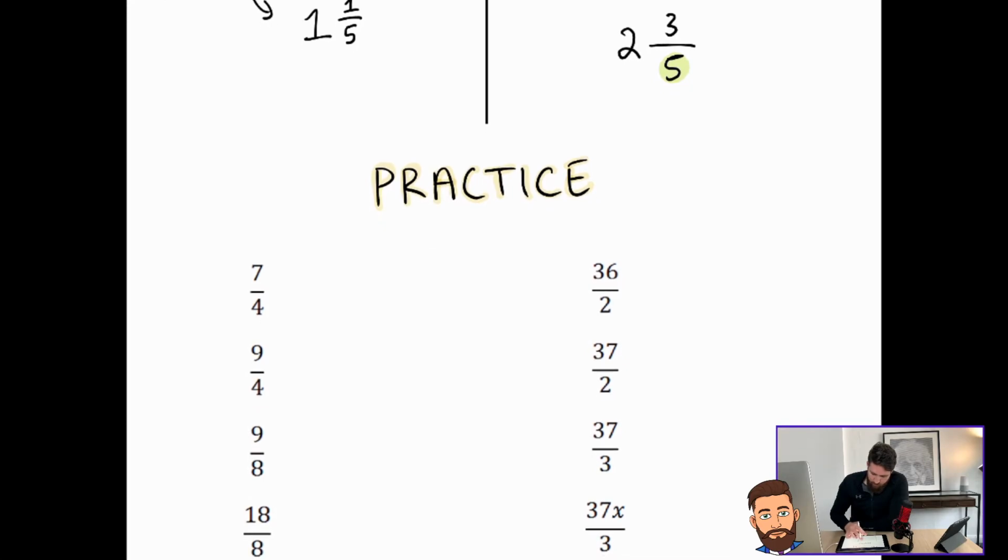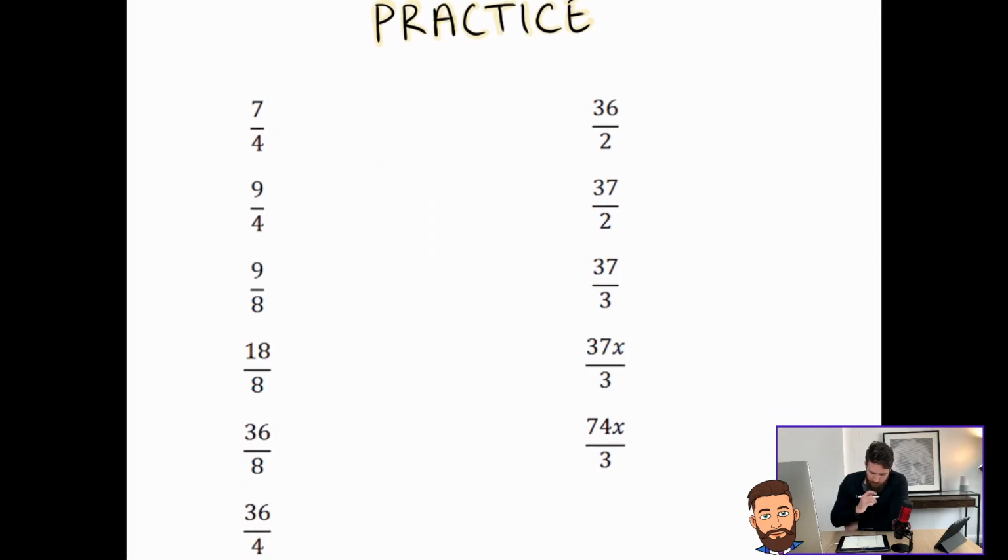So if I come down and you start to look at these practice questions, and you can use your tables if you're unsure, but ask yourself, how many times does 4 go into 7 whole? 4. So I need a whole one and then a fraction. Remember the tip, 4 will be the same on the bottom of the fraction.